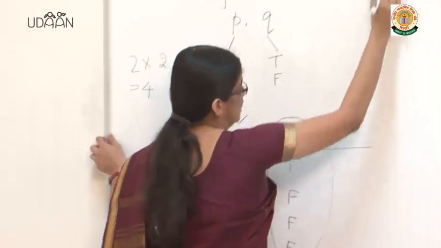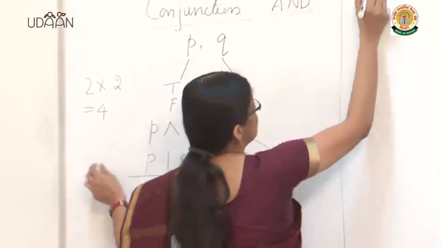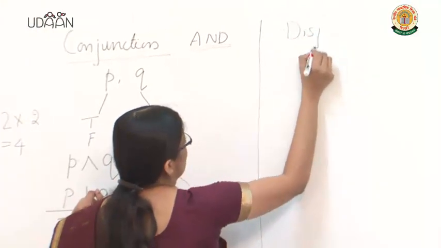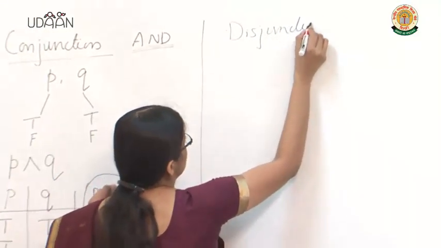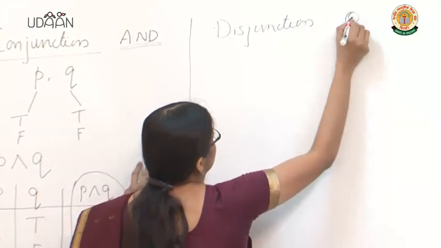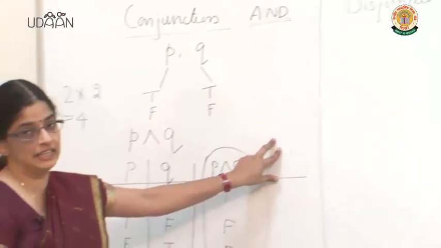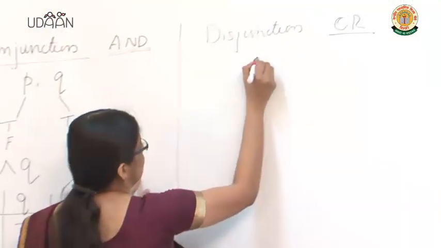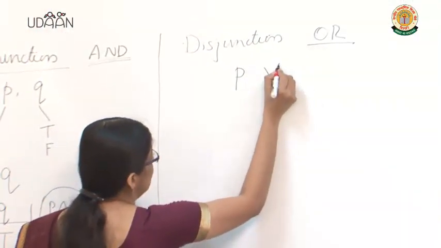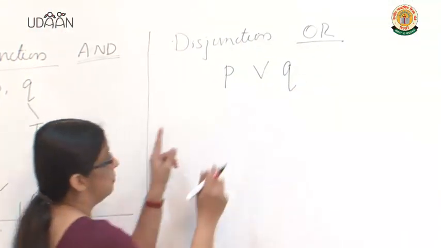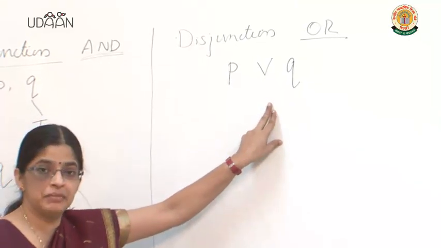Now, the second connective, disjunction. Disjunction, or we write it as the OR connective, OR statements. It is denoted by P or Q. P and Q are two simple statements.